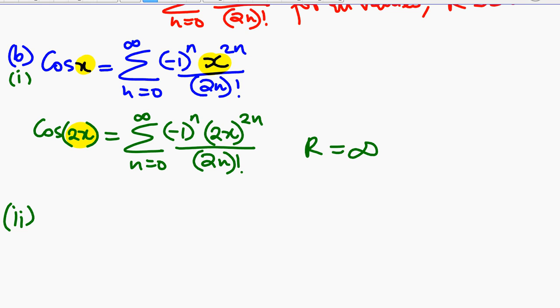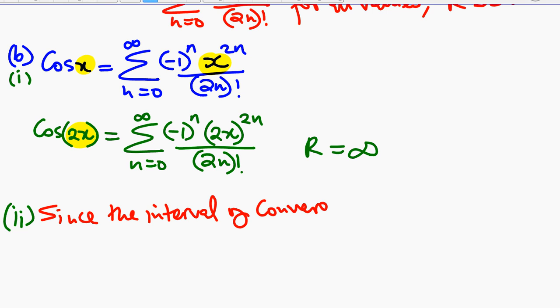So what we can do is integrate. Since the radius of convergence or interval of convergence is infinite, we can integrate.